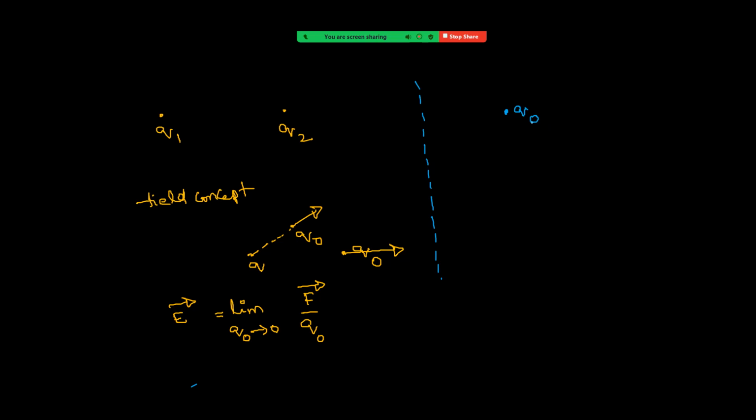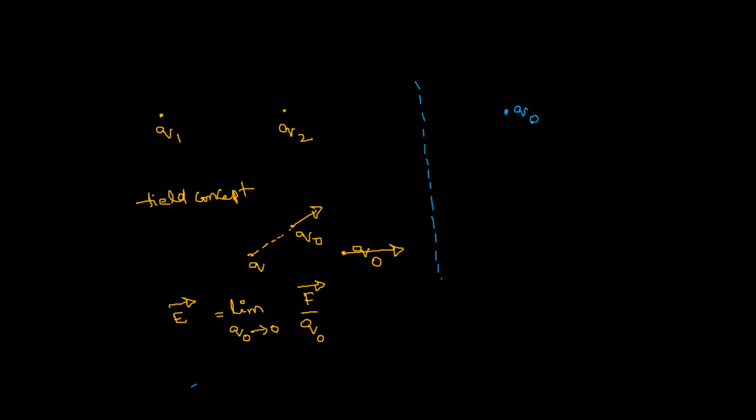That means it is going to disturb the existing electric field. I am repeating, this is going to disturb the existing electric field. But our intention is to know the strength of the existing electric field.